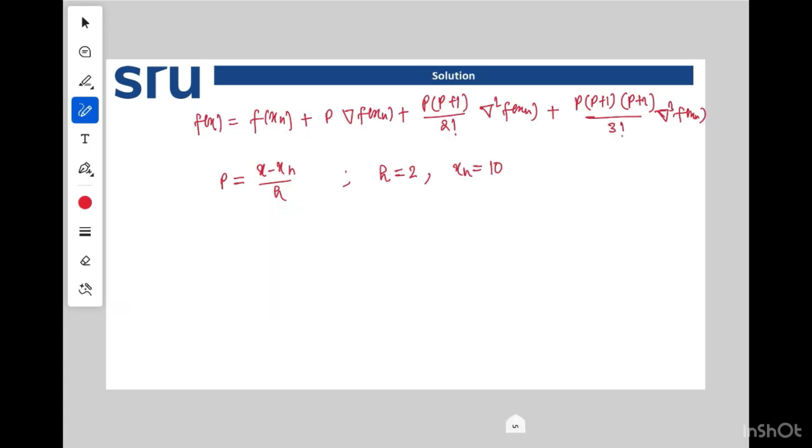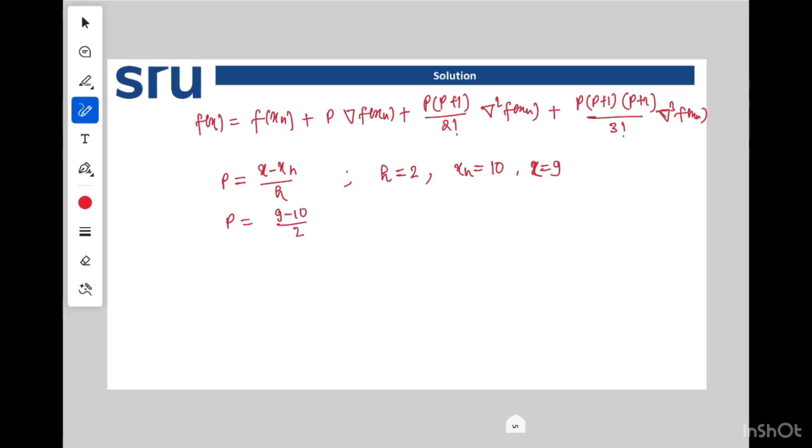And we want to find the function value at 9, so your x value is 9. If you have x, h and xn, you can calculate p. P equals 9 minus 10 divided by 2, so it is minus 1 divided by 2, which is minus 0.5.